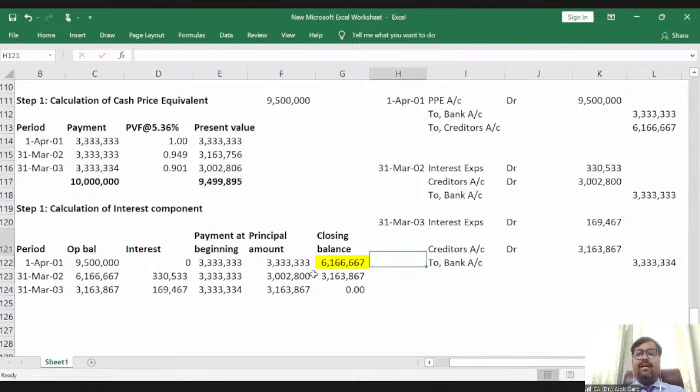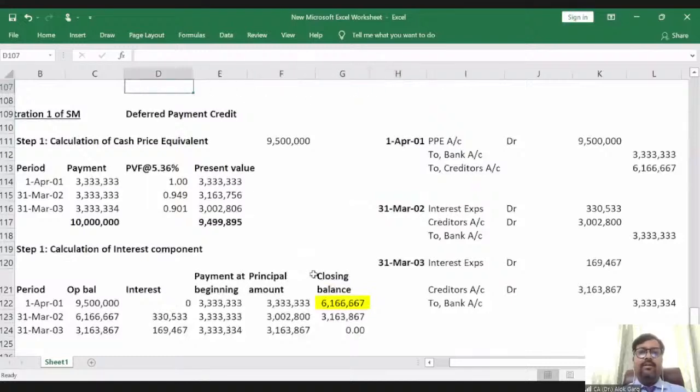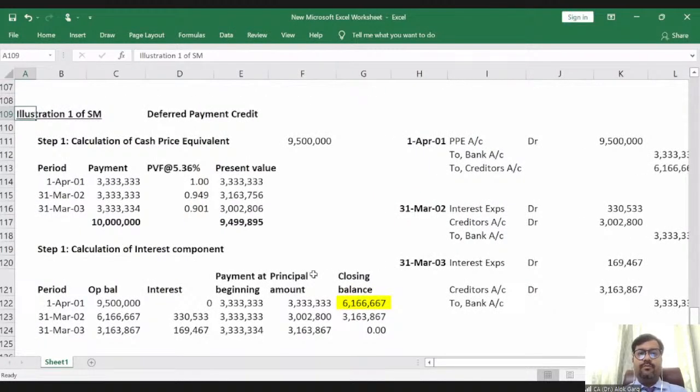So I hope these accounting entries are also clear to all of you. Friends, let me know if the accounting entry is clear to all of you. Is it clear to everyone, guys?